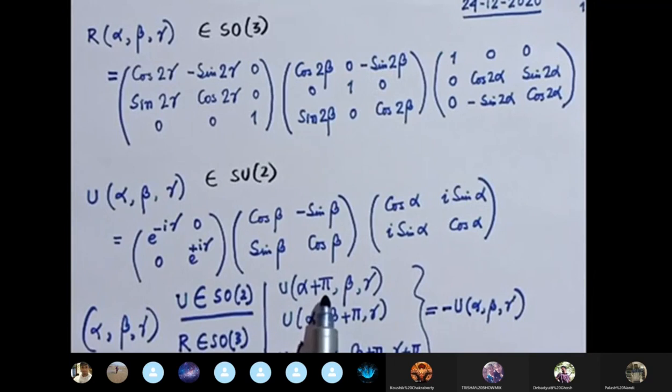So pi is not the periodicity of this matrix, because if it were the periodicity, we would get the same u, not minus u.